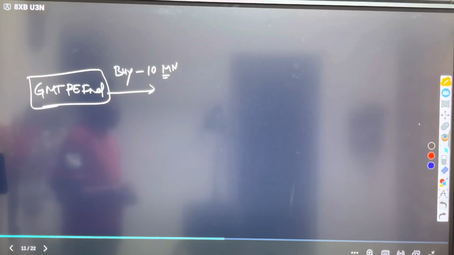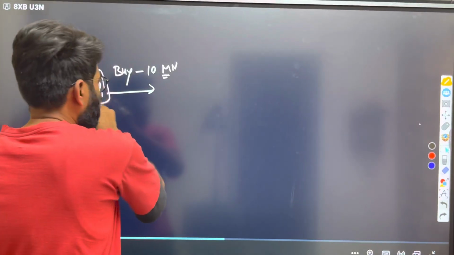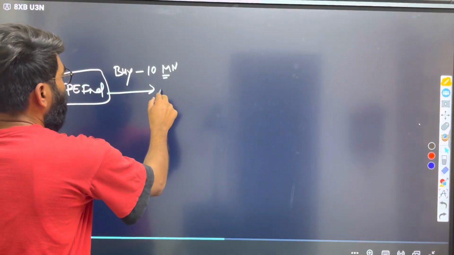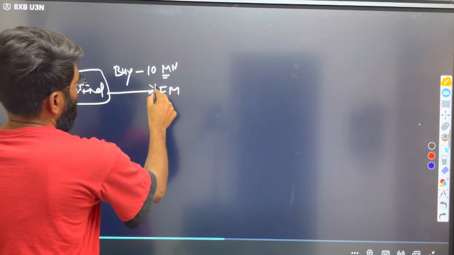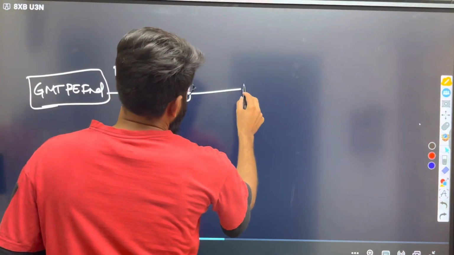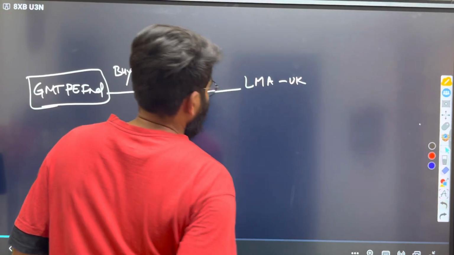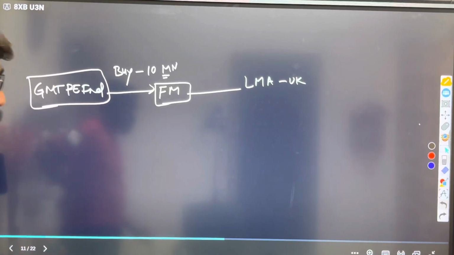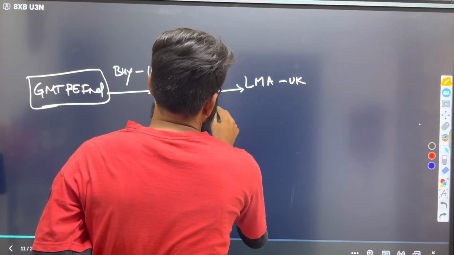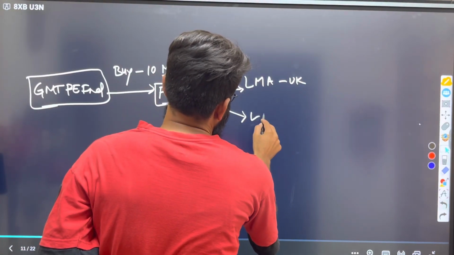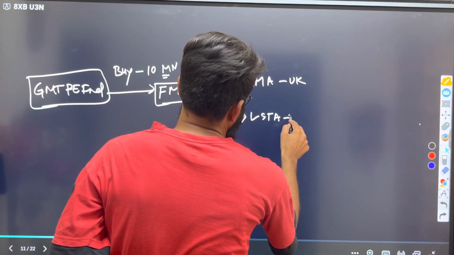Here, then, the GMT fund manager will reach out to the LMA market if the GMT fund wants to make a trade in the UK market, or else the LSTA market.